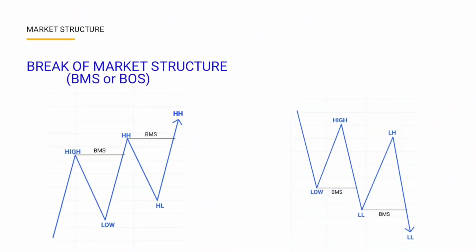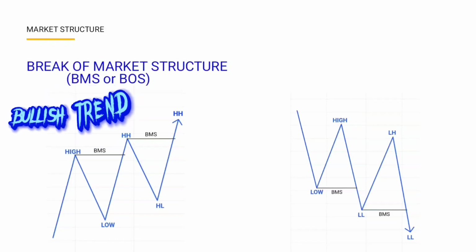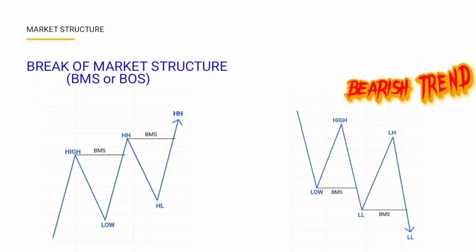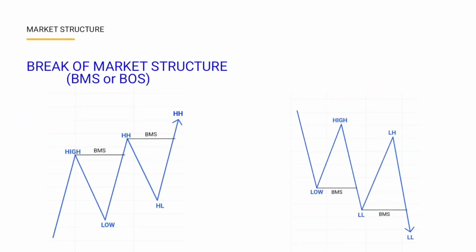Next we'll look at is break of market structure. What do we mean by break of market structure? Also called BMS or BOS. If you see, the first diagram is a bullish trend. The second is a bearish trend. In the bullish trend, like we've said, it should form a high, a low, a higher high.